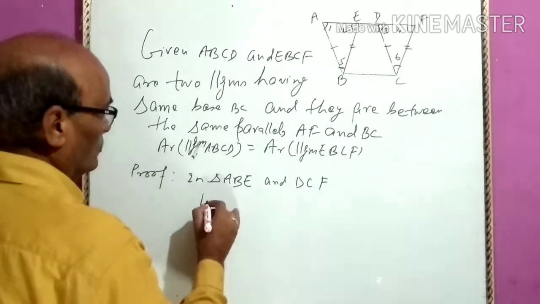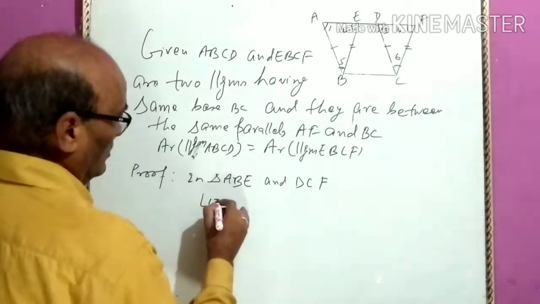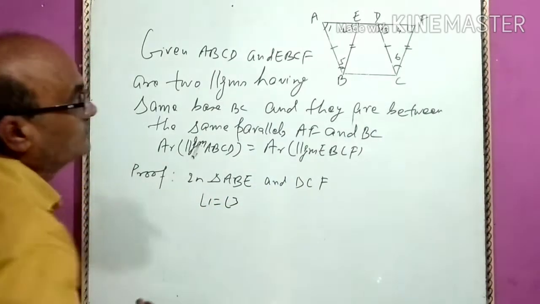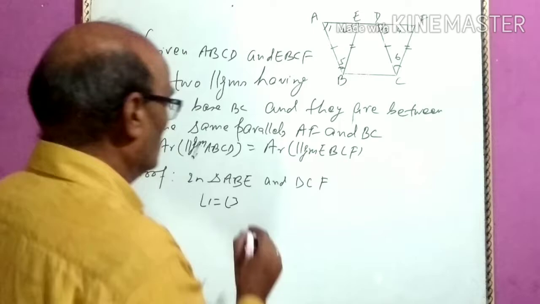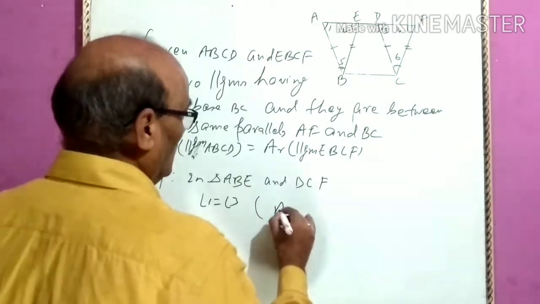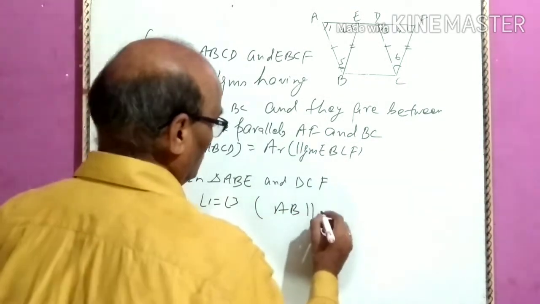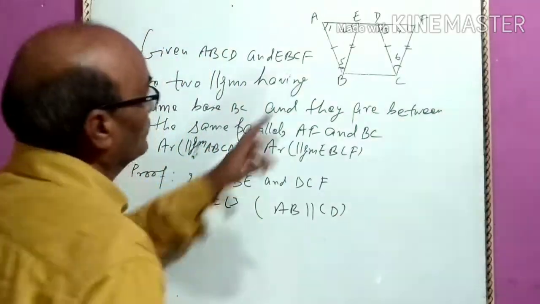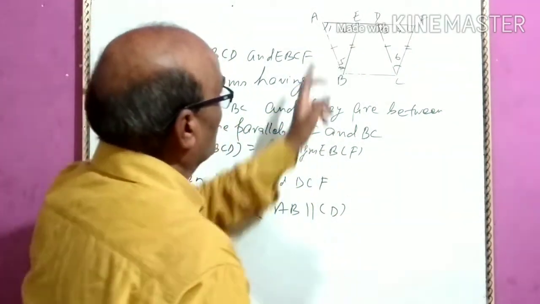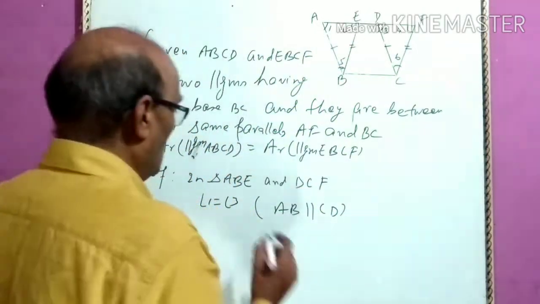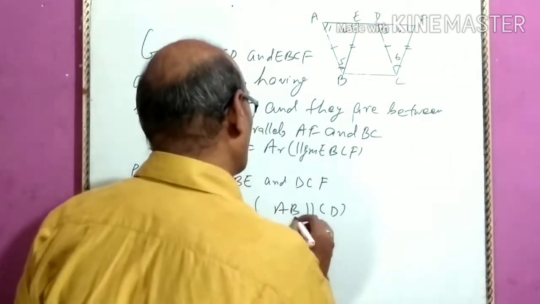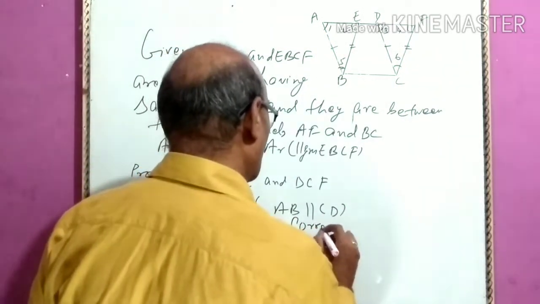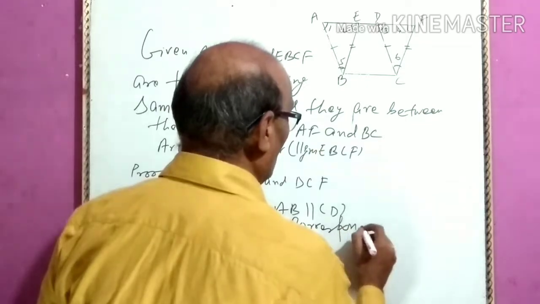Angle 1 is equal to angle 3 because they are corresponding angles. AB is parallel to CD, so angle 1 is equal to angle 3, being corresponding angles.